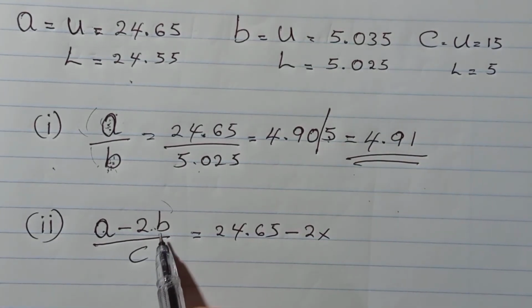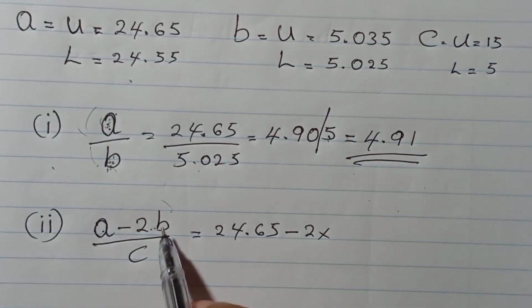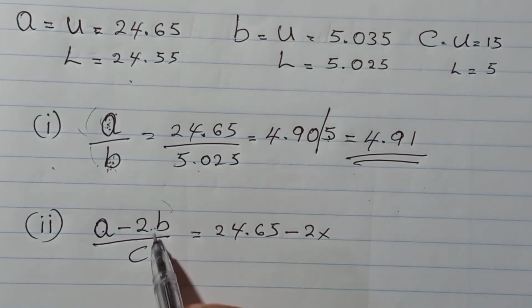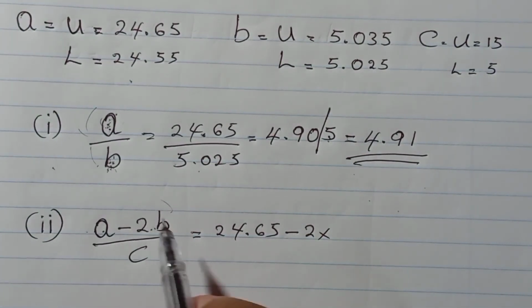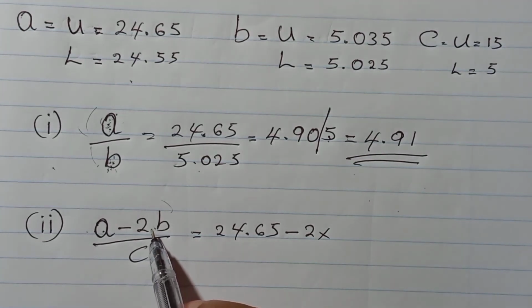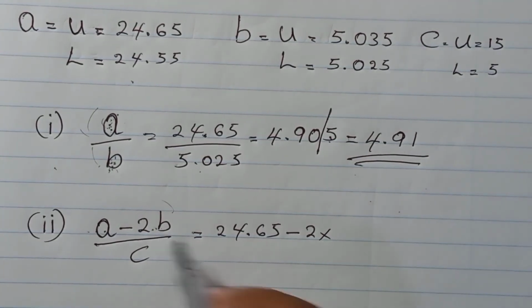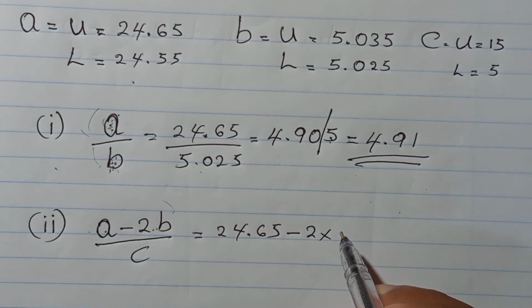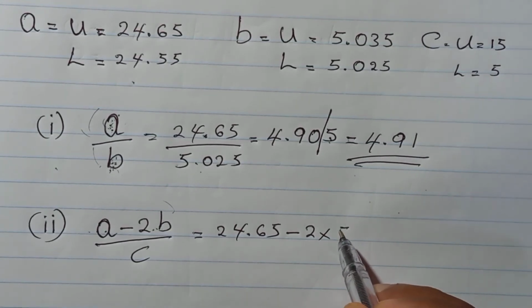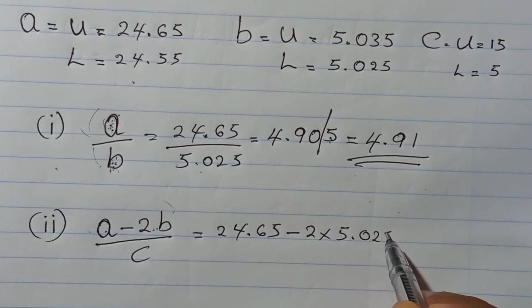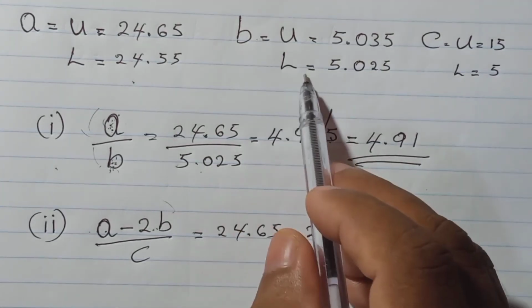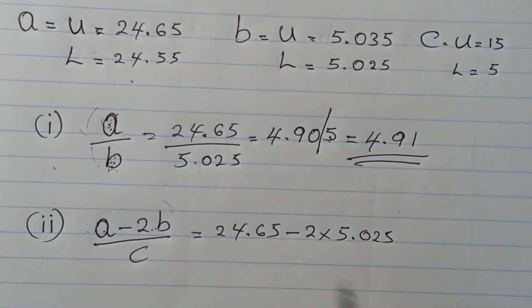For the B, I need to put the lower bound, because then this subtraction will become lower, and from this number we subtract a lower value. So that's why I need to put for the B the lower bound. The lower bound of B is 5.025, so I need to put that.